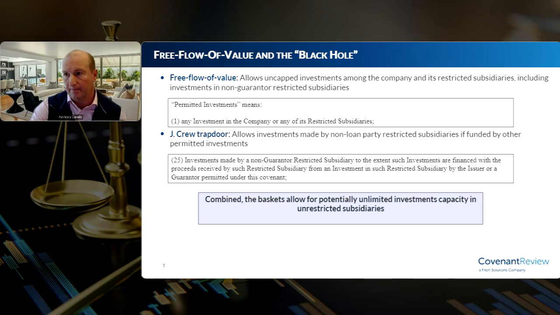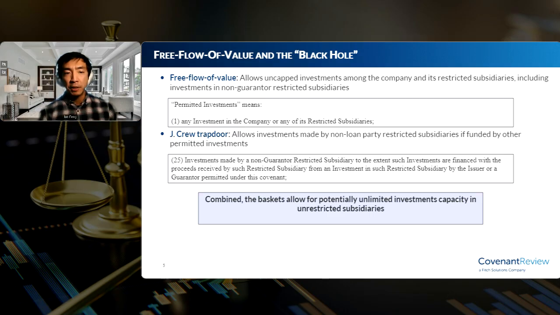Yeah, and Tony, I would also add another variation would be the spin. Unrestricted subsidiaries can often be spun off under the RP covenant without limitation, essentially. You don't need to use up things like builder capacity or general basket capacity, because there's often a carve out allowing for the transfer of unrestricted subsidiary debt and equity to an equity holder without using other carve outs.